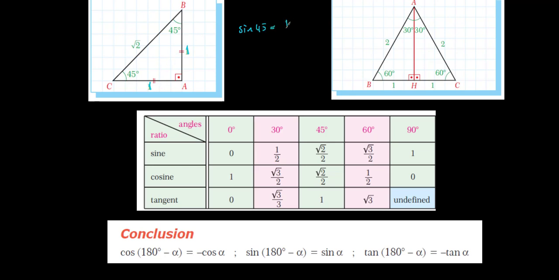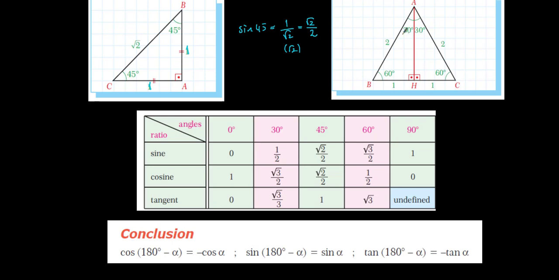Opposite is 1, and the hypotenuse is root 2. But since mathematicians don't like the root at the denominator, they will rationalize the denominator by multiplying by root 2, and the answer is going to be root 2 times 1, which is root 2. Root 2 times root 2 is root 4, which is equal to 2. So sine 45 should be equal to root 2 over 2.